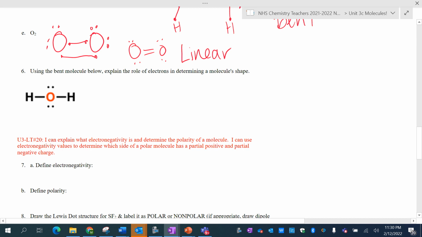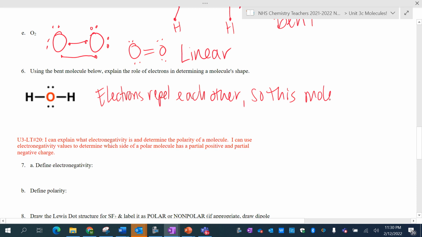Using a bent molecule below, explain the role of electrons in determining a molecule's shape. Electrons repel each other. So this molecule is bent in 3 dimensions.